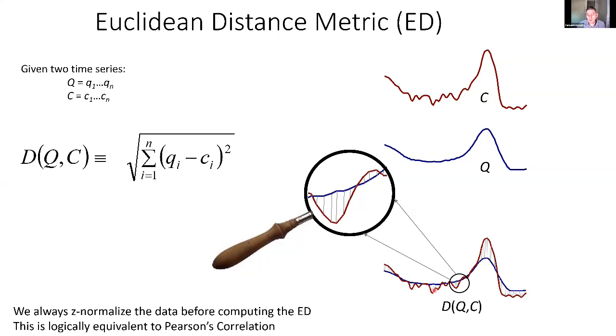Then we can look at the pairwise distances between the ith point and the ith point, the jth point and the jth point, and so forth. Those pairwise distances could be negative or positive, so we're going to square them, make them all positive, sum them all up, take the square root, and that is the Euclidean distance. For those of you who prefer correlation, it's logically equivalent to Pearson's correlation.